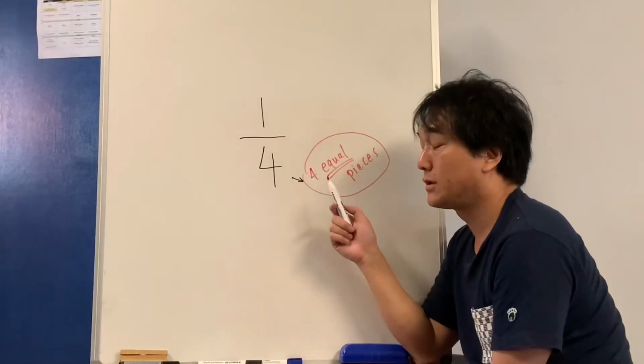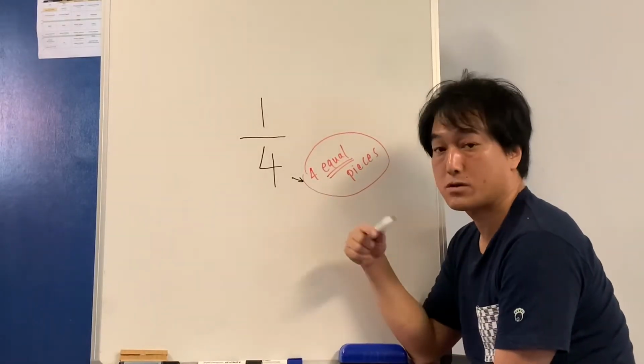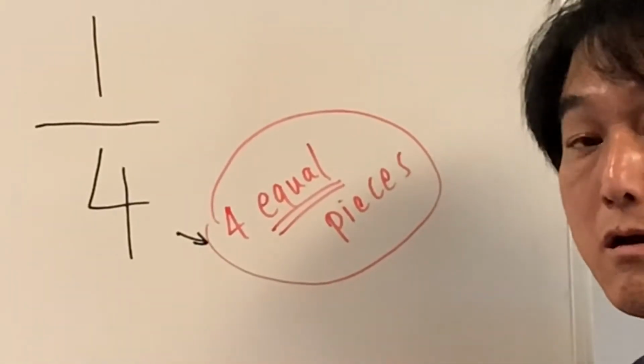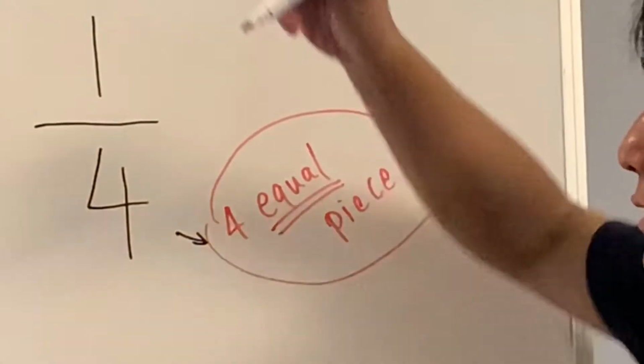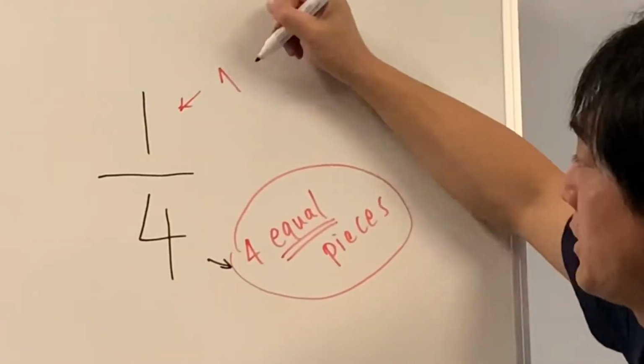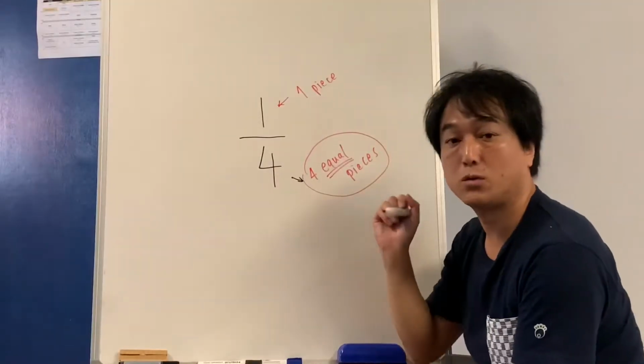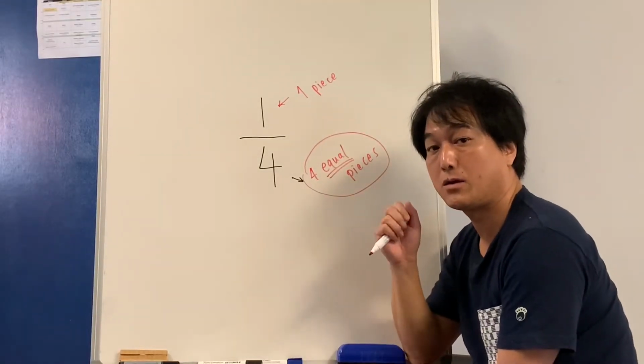We cut the cake into 4 equal pieces, then I'm allowed to have one out of those pieces. That's 1/4. Are you good with this?